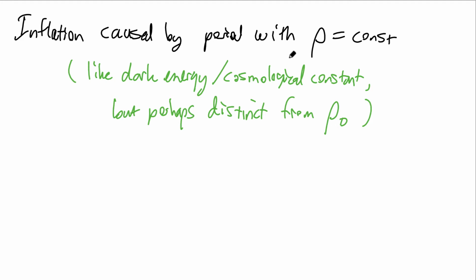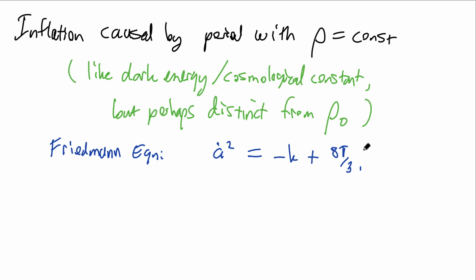So if we have a period in the early universe where rho is equal to a constant, then the Friedmann equation tells us, remember, a dot squared equals minus k plus 8 pi over 3 times rho times a squared, and we'll take k to be 0, then a dot squared is proportional to a squared, since rho is a constant, which tells us that, of course, a dot is proportional to a, so a is an exponential.